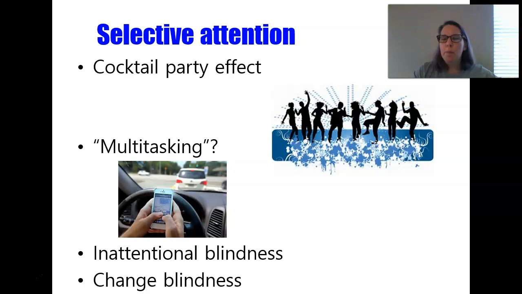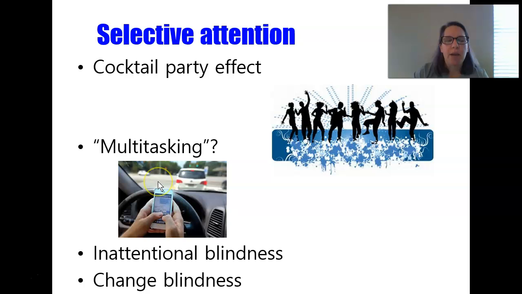Even though you weren't paying attention to that conversation on the other side of the room, you focused in on something that was really important to you: your name. And even though you really were paying attention to the conversation you were having with your girlfriend or boyfriend, the minute you heard your name, your attention, your focus, your perception was pulled away. That's the cocktail party effect, literally named for the cocktail party.